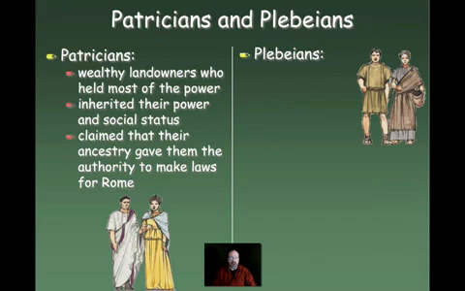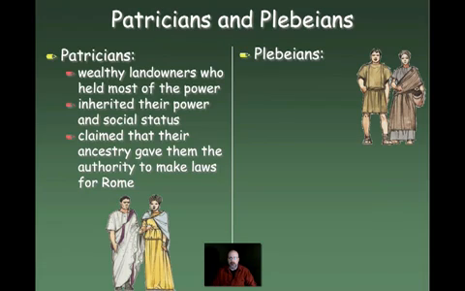They claimed that their ancestry gave them the authority to make laws for Rome. So the patricians were the upper class. They were wealthy, they were powerful. It was an inherited status, an inherited wealth, and because of that long inheritance over generations, it gave them the idea that they were somehow privileged to be in power and make the laws for Roman society.